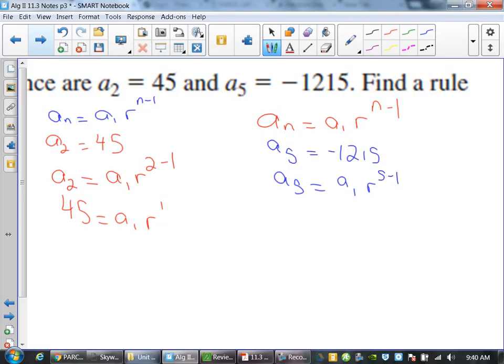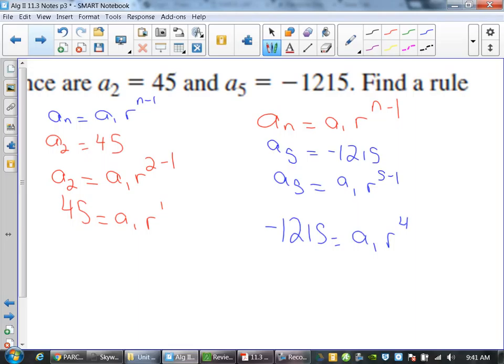Well, the fifth term is negative 1215, which is my first term times r to the fourth power. And now you wind up with a system of equations. You have two equations with two variables.